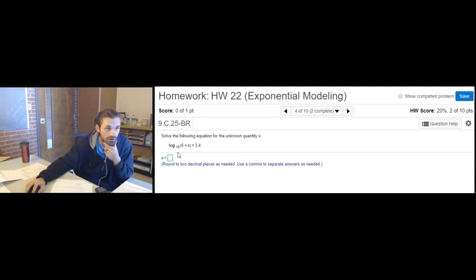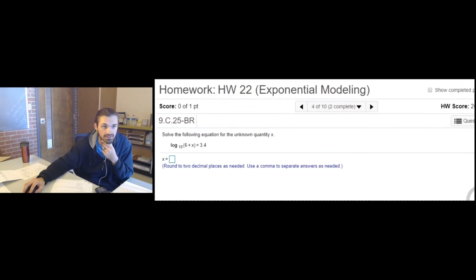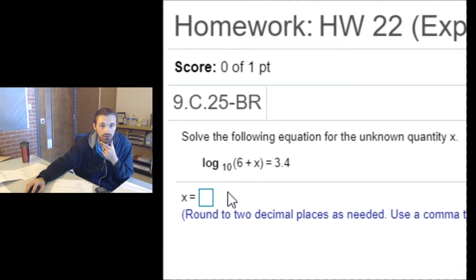So in number 4, recognize a very similar statement. We want to take the 10 raised to the 3.4, and that must be equal to 6 plus x. So 10 raised to the 3.4 equals 6 plus x, and we'll then recognize you would have to subtract 6 from both sides to isolate x. But I'll let you try that one out.